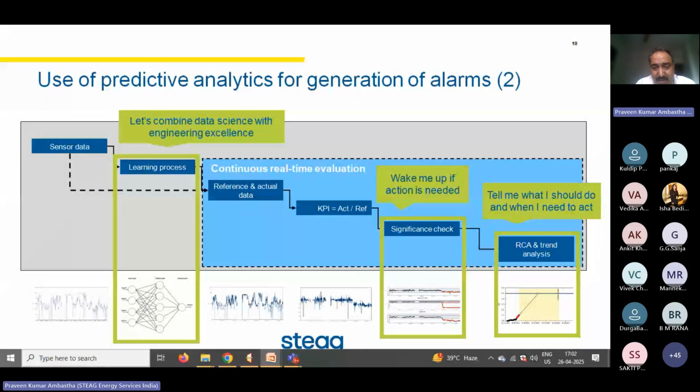So the full trend you can see from left to right. You can see my sensor data. So of course, sensor data, that is the acoustic data, that is very, very important. That is the main thing from where we shall be able to find out the fault. And then the learning process, AI technology, means neural model. Of course, we shall have to develop a very good neural model for that. Then we shall have the reference and the actual.